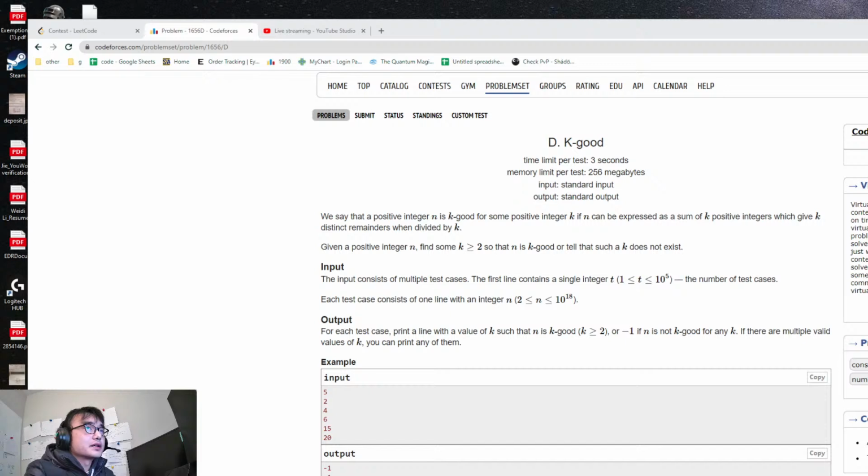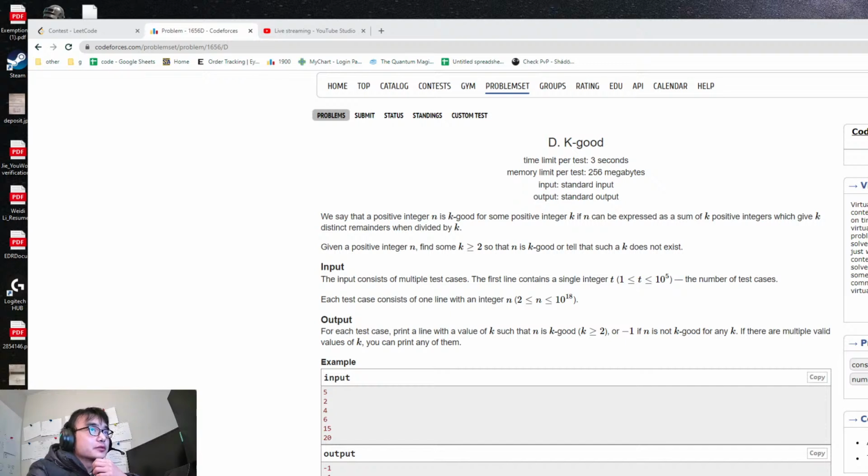Basically, you need to break this n into K numbers. And these K numbers have to meet one condition, which is that the remainders of these numbers should be distinct.